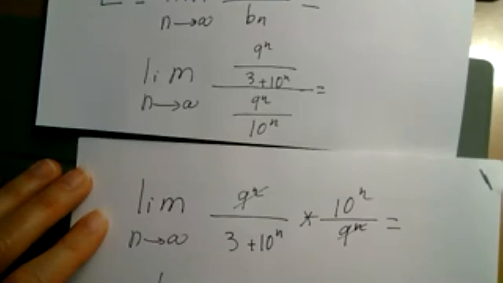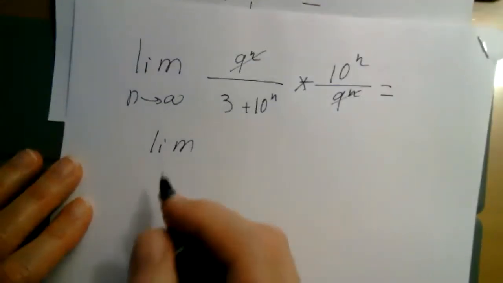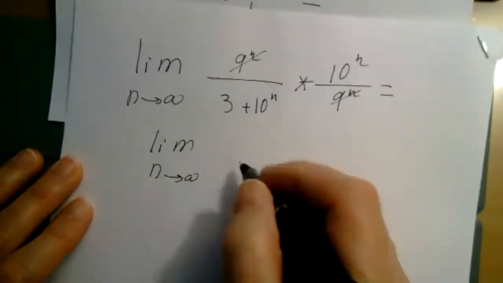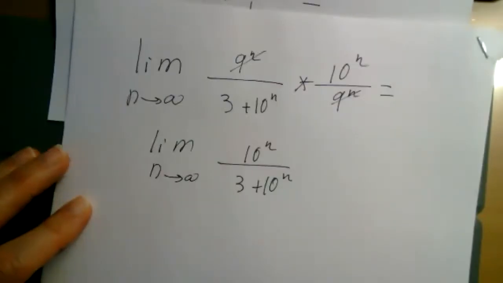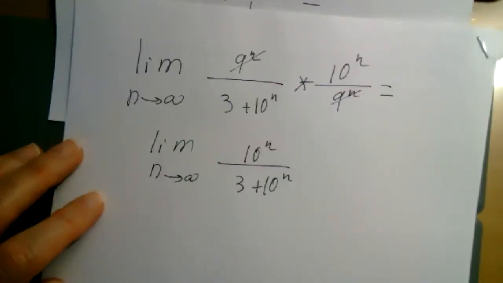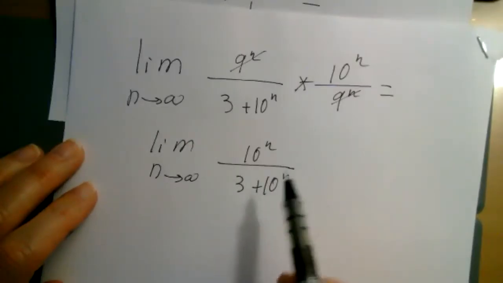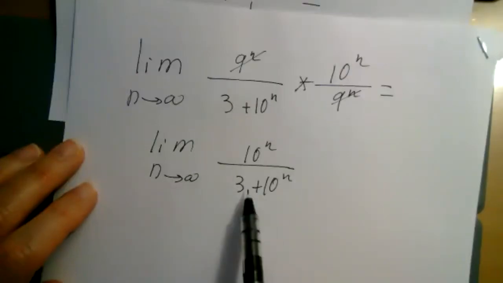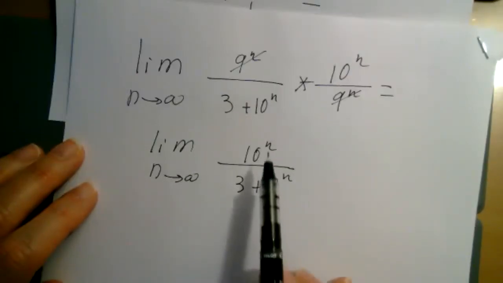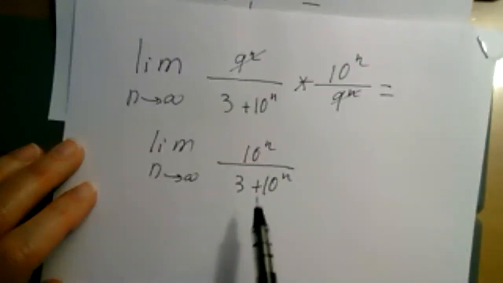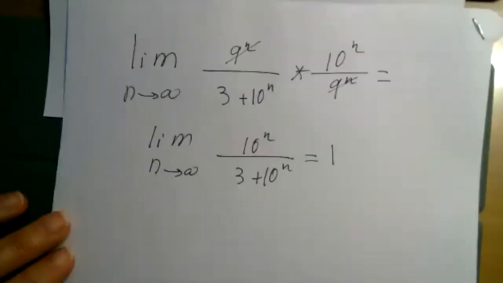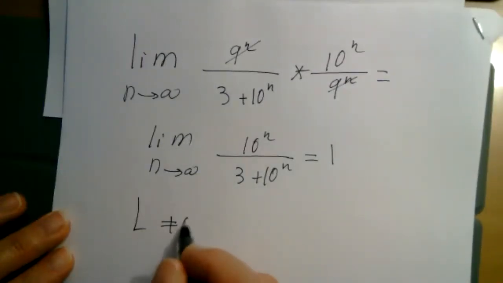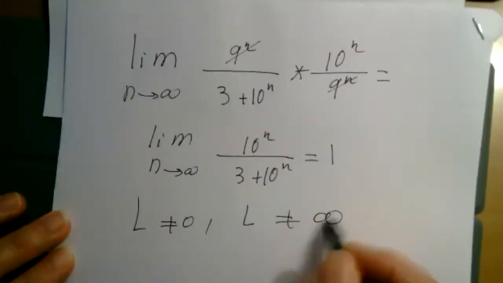And then this leaves me with the limit as n tends to infinity of 10^n over 3 plus 10^n. So what's going to be the ratio in this case? Can we see the ratio? Intuitively, when n is large, the denominator is almost 10^n. So I really basically have 10^n over 10^n. This is equal to 1. So I'm really doing a very good comparison. So this limit is not 0 and is not infinity.